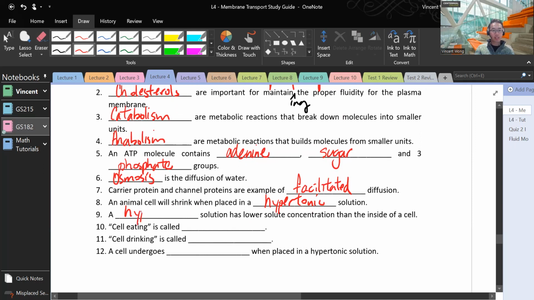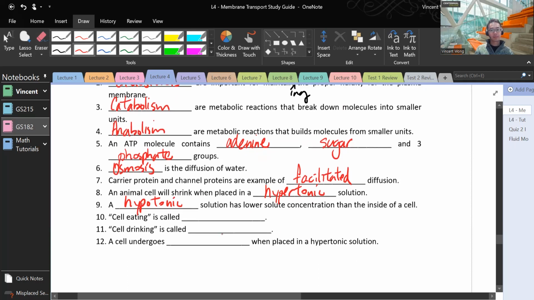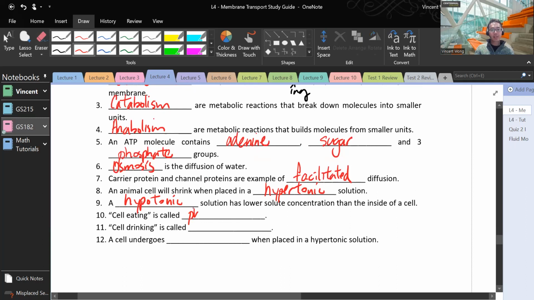A hypotonic solution has lower solute concentration than the inside of a cell. Cell eating is called phagocytosis, whereas cell drinking is pinocytosis. Finally, if you place the cell in a hypertonic solution, it will undergo plasmolysis. Okay, so those are the answers for the fill in the blanks.